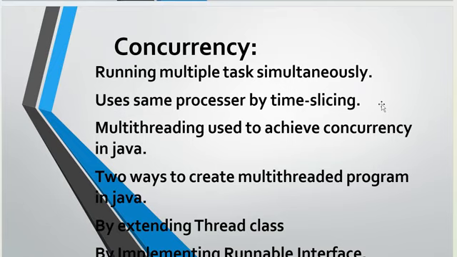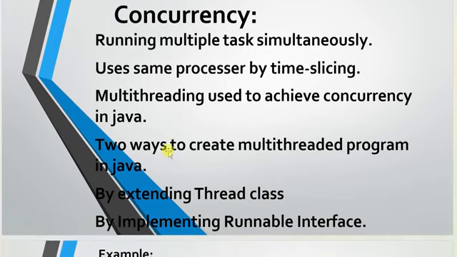Once one thread uses the time, it will automatically release it, and another thread will use the same processor. So multithreading is used to achieve concurrency in Java. Concurrent processing will be achieved by the multithreading concept.